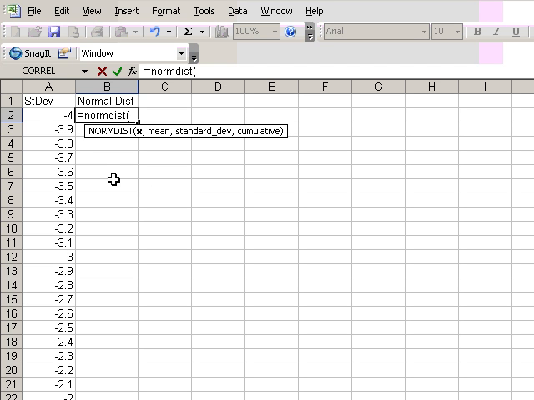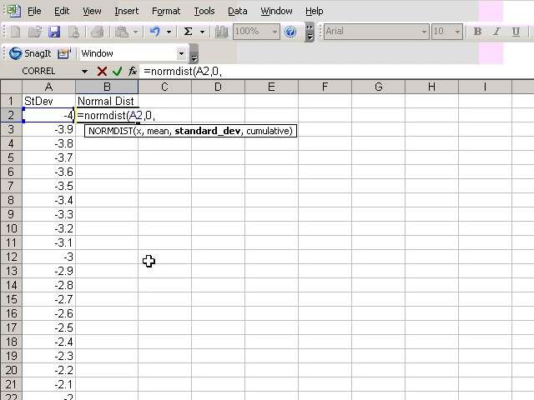The x value is the value at which the normal distribution function is being calculated. The mean is 0. The standard deviation in this case is 1, even though we are calculating values at -4, -3.9, -3.8, and so on.